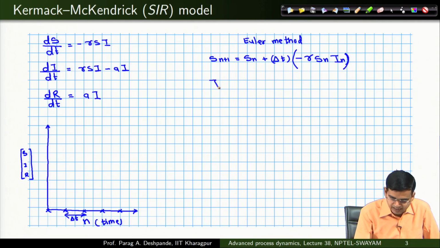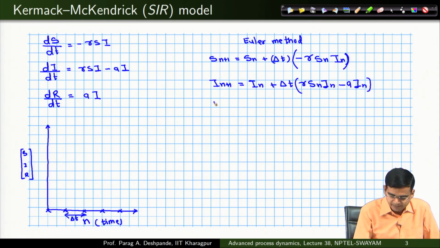Similarly, I will have I n plus 1 is equal to I n plus delta t times R S n I n minus A I n, and finally, capital R n plus 1 is equal to capital R n plus delta t A I n.